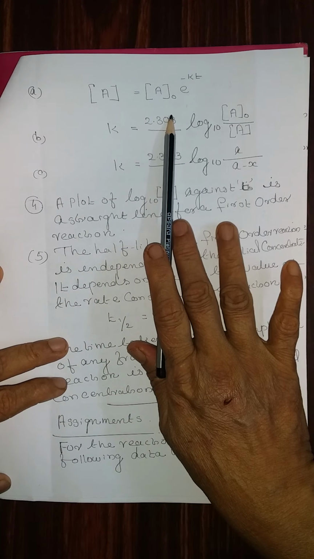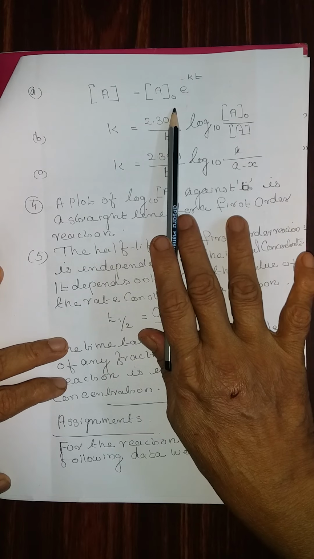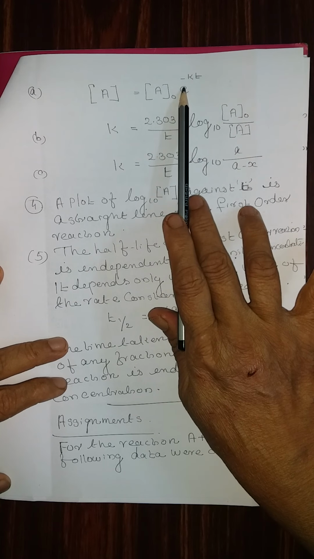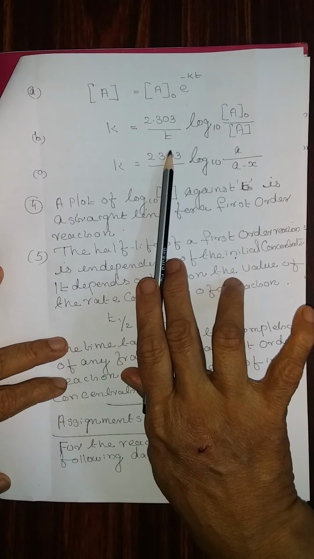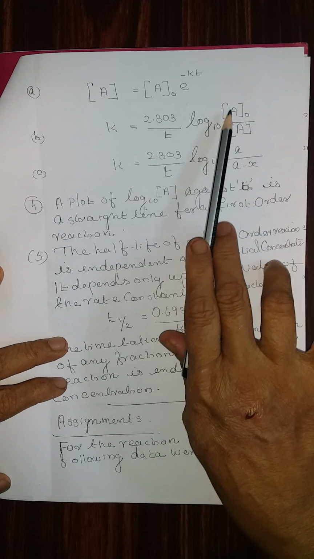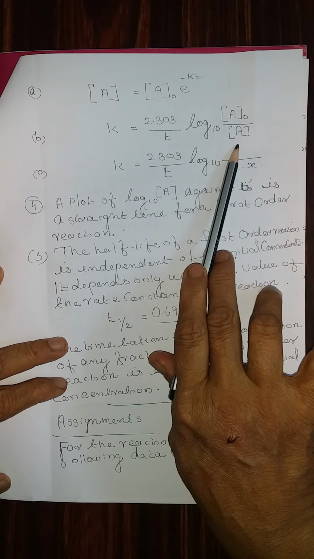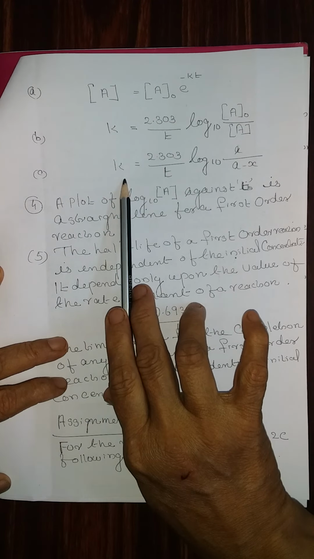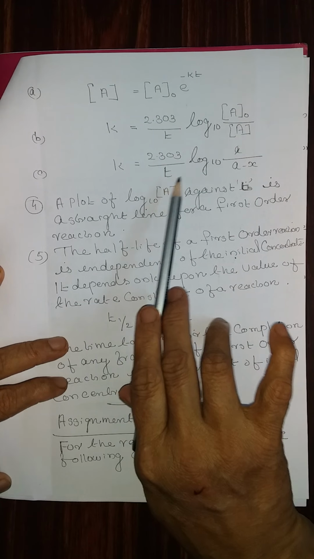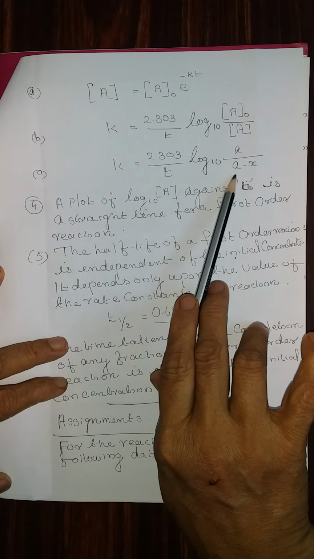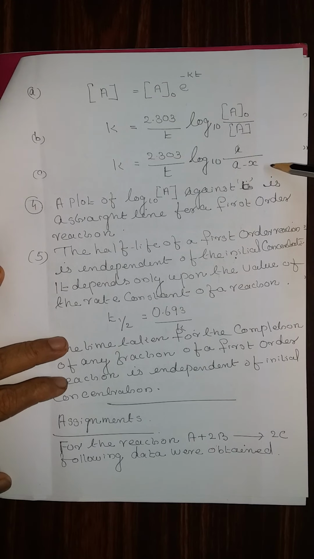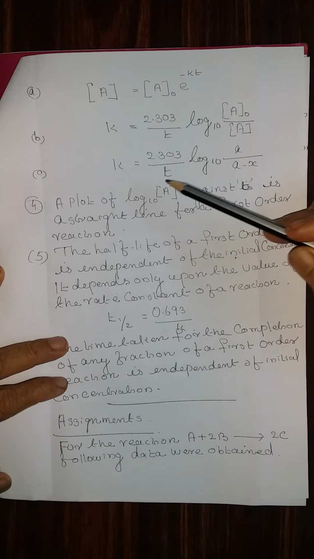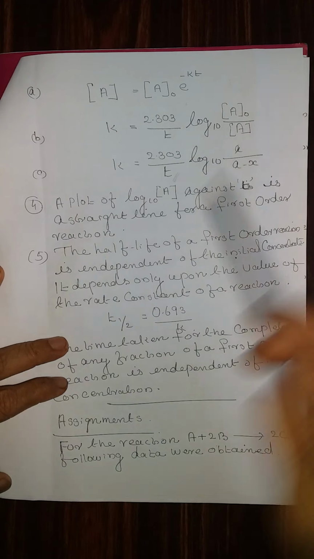Concentration of A is equal to concentration of A0 into e raised to the power minus kt. 2. k is equal to 2.303 by t log to the base 10, concentration of A0 by concentration A. 3. k is equal to 2.303 by t log to the base 10 a by a minus x, where a is the initial concentration and x is the amount which has already undergone reaction. Therefore, a minus x will give you the concentration at the time t.